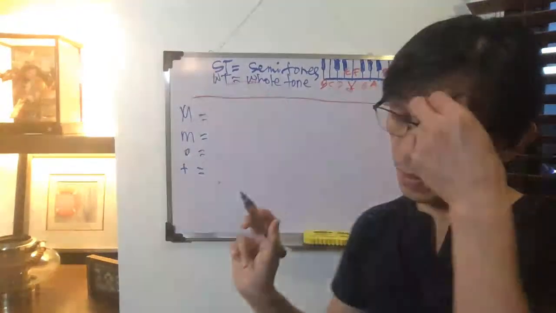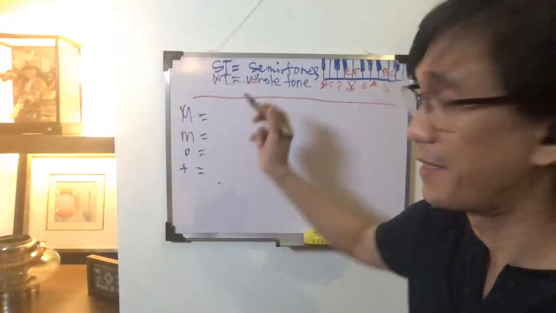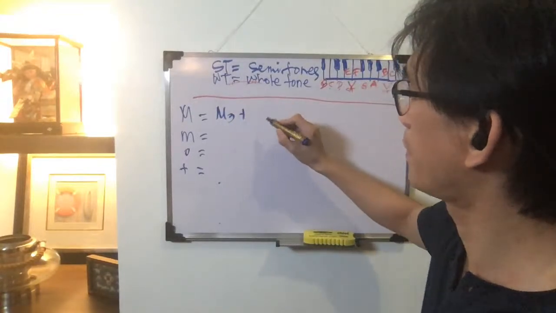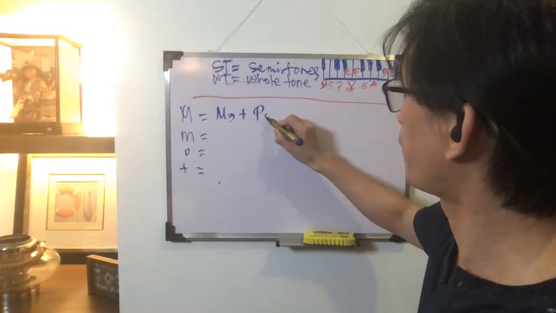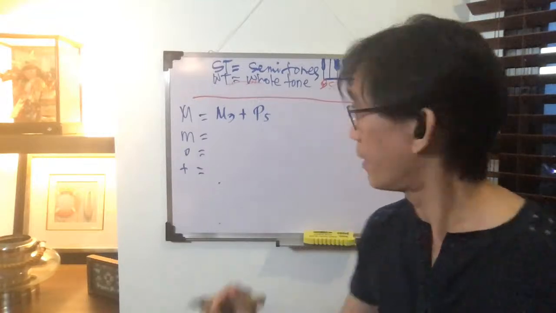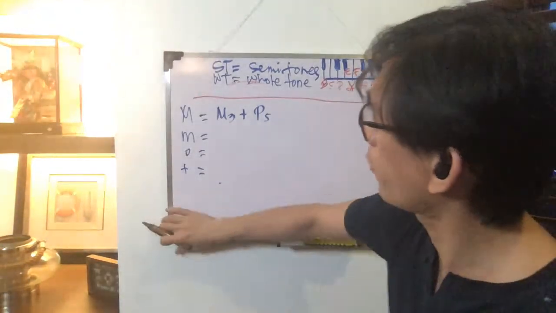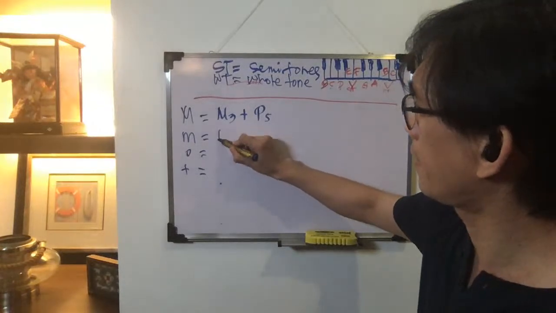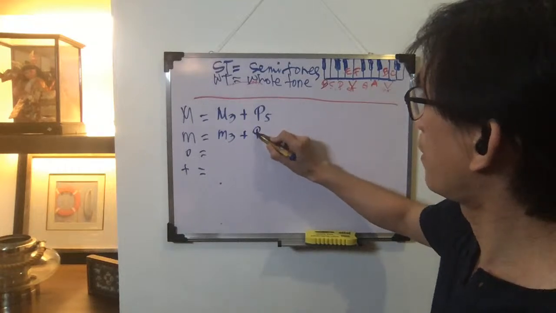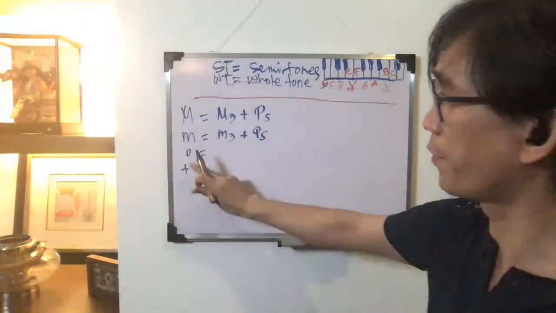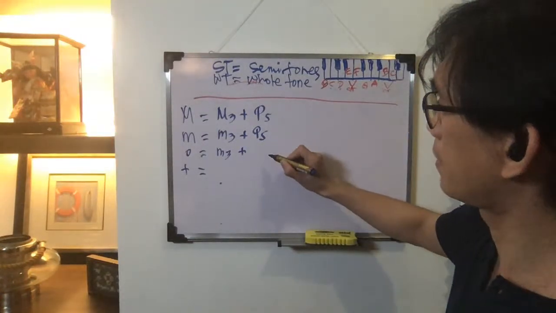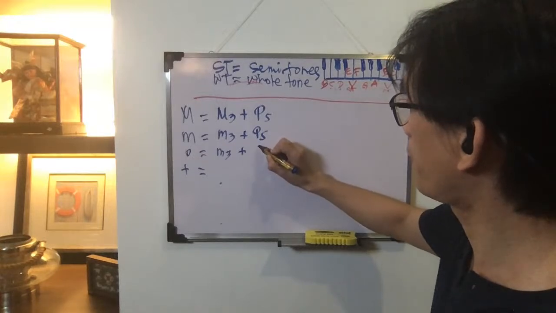If you still remember, major is major third plus perfect fifth interval. I'll just do a quick review of this one. Minor is minor third plus perfect fifth. Diminished is minor third plus diminished fifth.